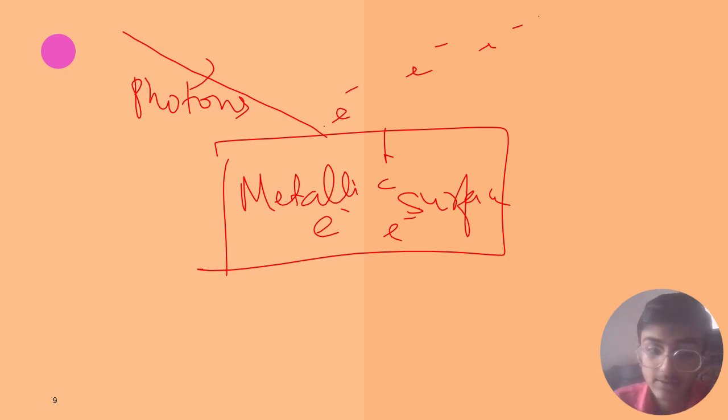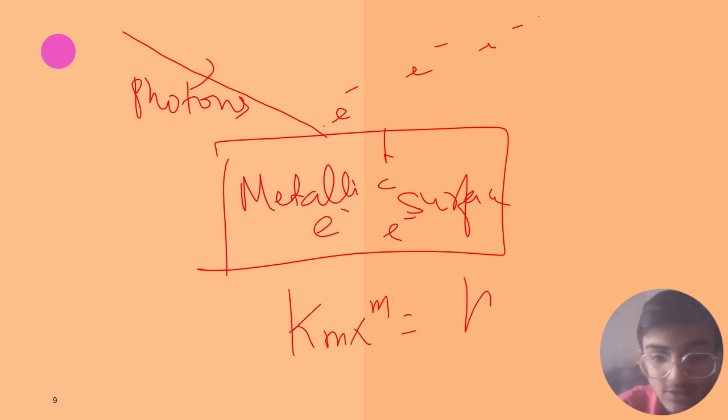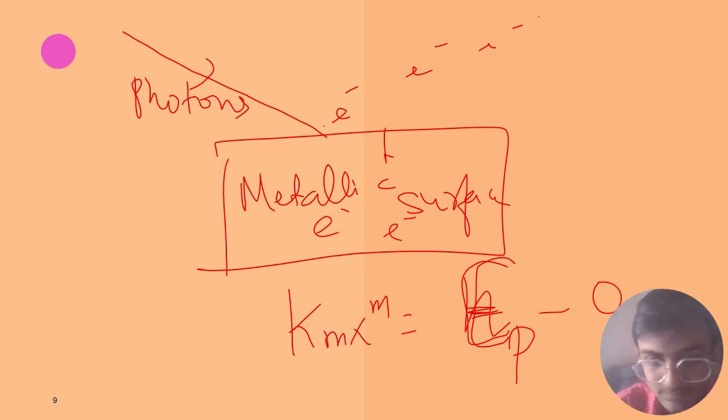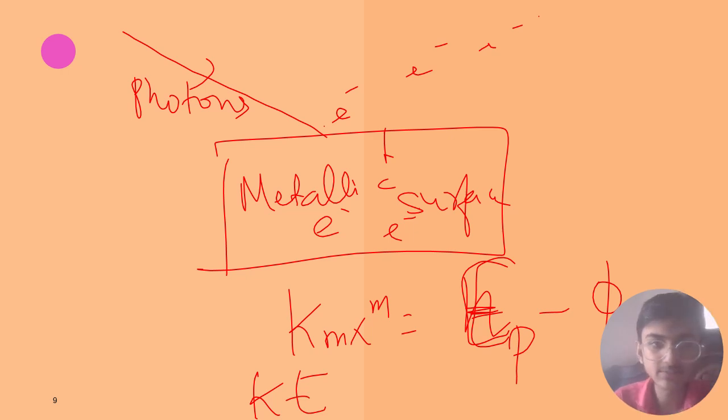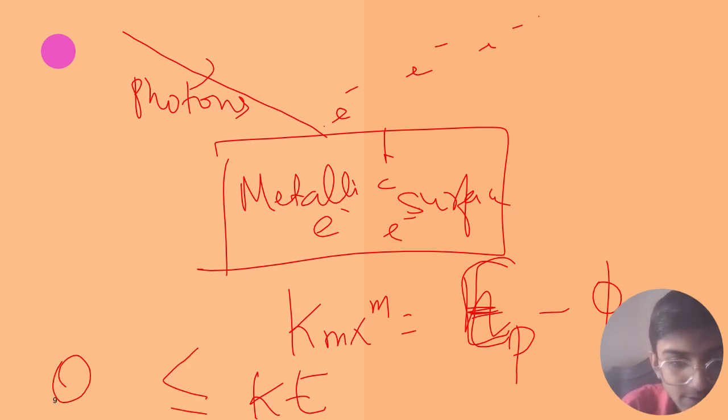But according to the photoelectric equation, the maximum kinetic energy will be h nu minus phi actually. But the possible values of kinetic energy, as we said, there is also an inner collision between photon and electron. So that kinetic energy will range from 0 to K max.